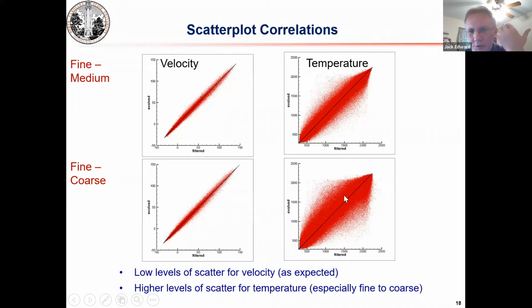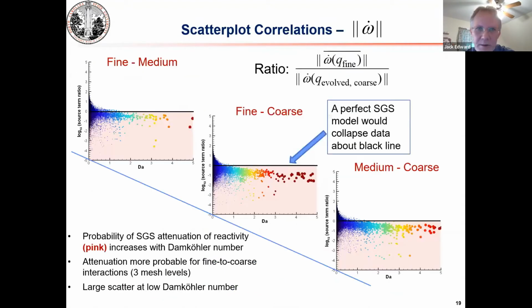So you're going to lose the ability to capture the fine grid data as you coarsen the grid. Now, when you go to a production term or a chemical source term or a heat release term, then the scatter becomes off the charts. You really can't directly correlate those data very well, so you have to come up with some other ways to quantify that. So this is one way we tried.